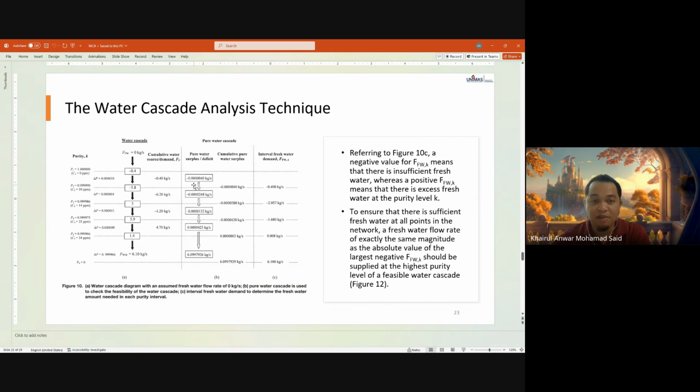When we do the cascading again, we need to recalculate. We will get the pinch over here.